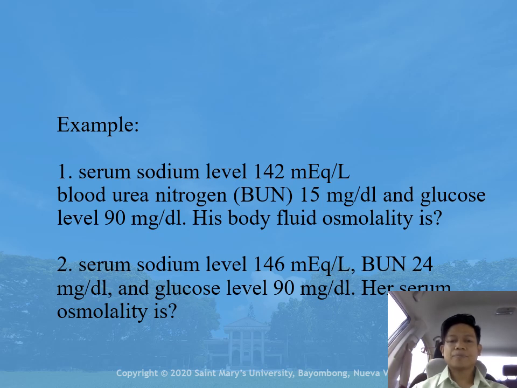or it indicates isoosmolality. Number 2 example. A client's serum chemistry measurements are serum sodium level 146 milliequivalent per liter, BUN 24 milligrams per deciliter, and glucose level 90 milligrams per deciliter.